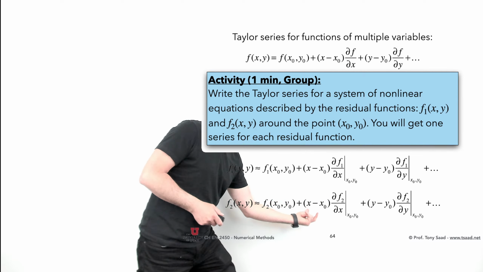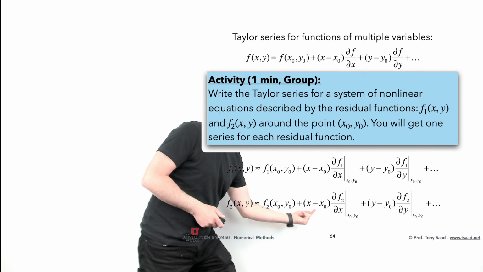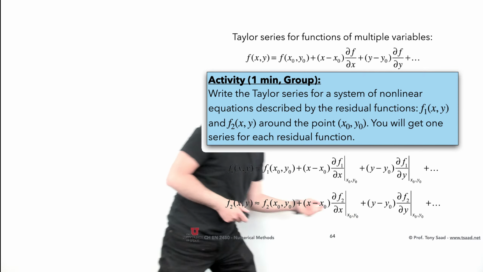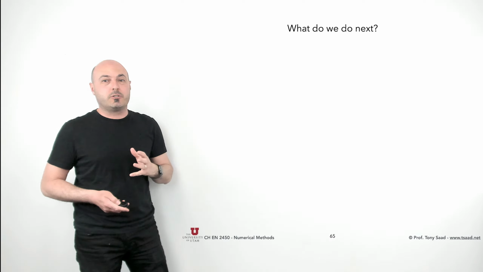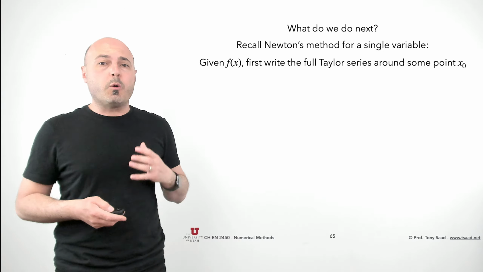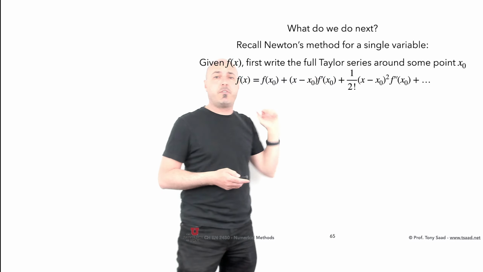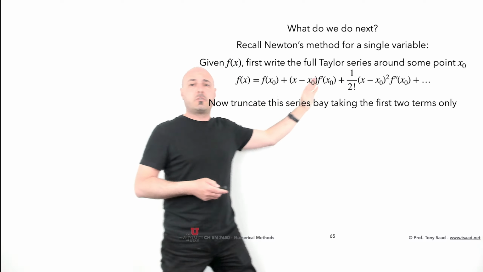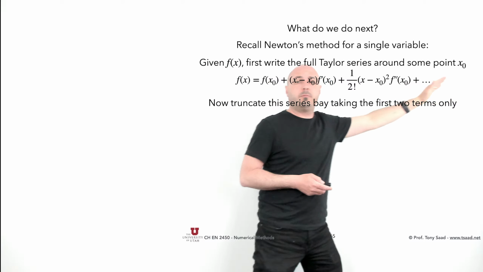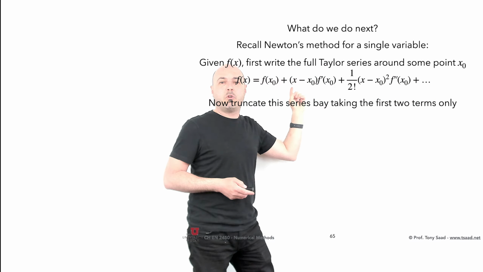Now we're going to use this formula to essentially improve our guess x0 and y0, but we now have more than one equation. So what do we do next? Recall with Newton's method, we were given a residual function, we wrote the full Taylor series of the residual function, and we truncated all the high order terms, because we wanted to solve for x.